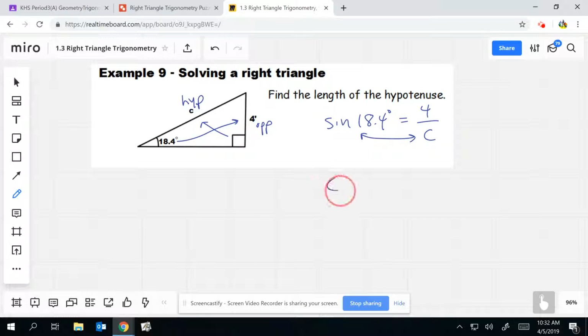So you're going to get C equals 4 divided by the sine of 18.4 degrees. So 4 divided by sine 18.4 equals, you get 12.7 when you round it off. Feet, 12.7 feet.